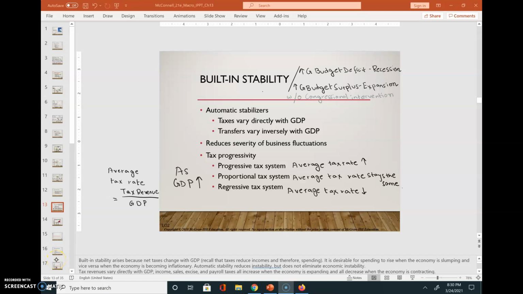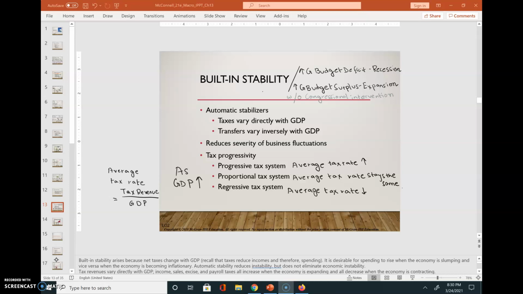Hey everyone, in this section we will look at built-in stability, and after that we will look at the progressive tax system of the US economy. By built-in stability we mean if we have a recession or an expansion, the government budget deficit can increase or the government budget surplus can increase without any congressional intervention.